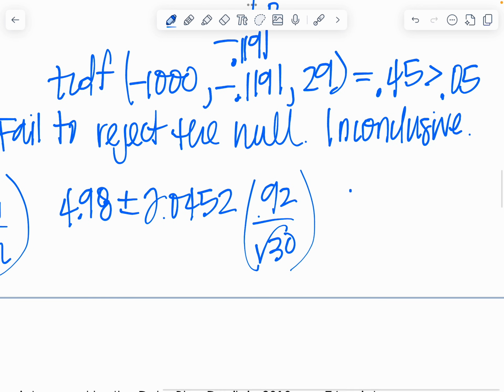Okay, so this is 4.98 plus or minus 0.3435.